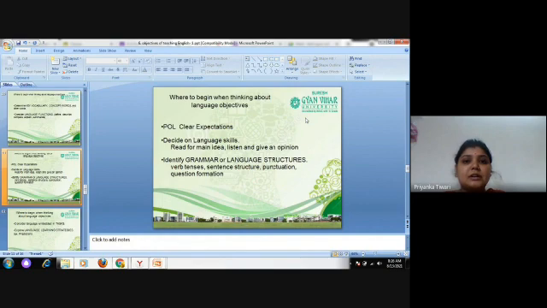Then, where to begin when thinking about language objectives: set clear expectations, decide on language skills, read for the main idea, listen and give an opinion, identify grammar or language structures, verb tenses, sentence structure, punctuation, and question formation.